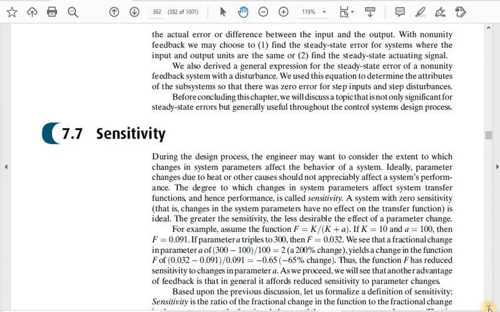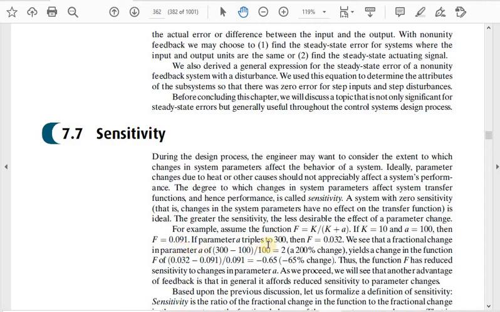Sensitivity analysis is actually used to understand the robustness of the system with respect to parameter changes. For example, assume that we have a function f equal to k divided by k plus a. If k is 10 and a is 100, then f is 0.091.